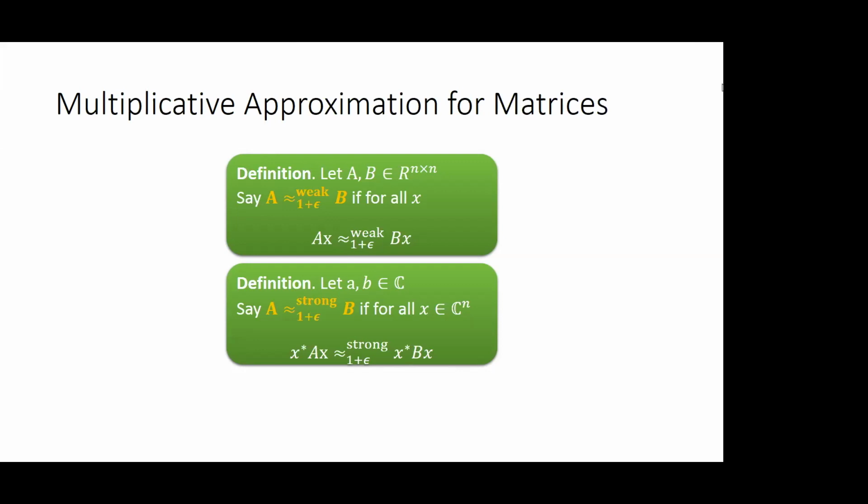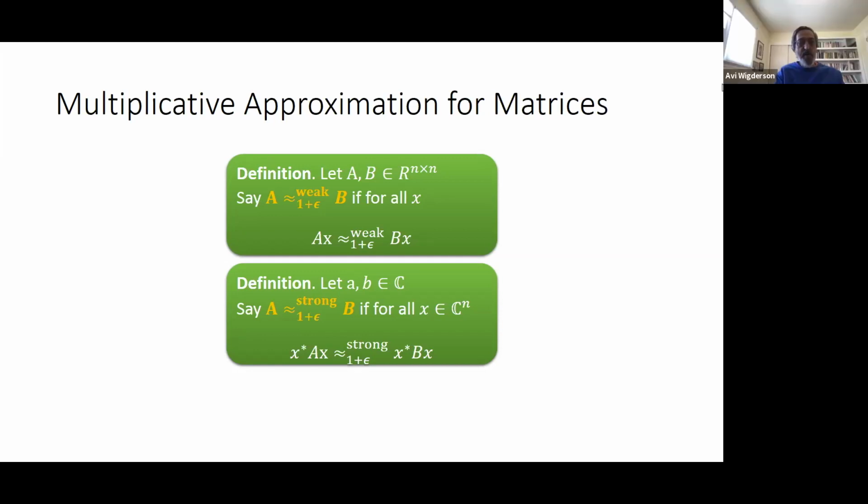You can pull this definition, or something equivalent to it within a factor of 2, out of the statements of matrix Chernoff for symmetric matrices. You can apply matrix Chernoff for symmetric matrices to get concentration results about asymmetric matrices. Basically, you symmetrize, you double the dimension.